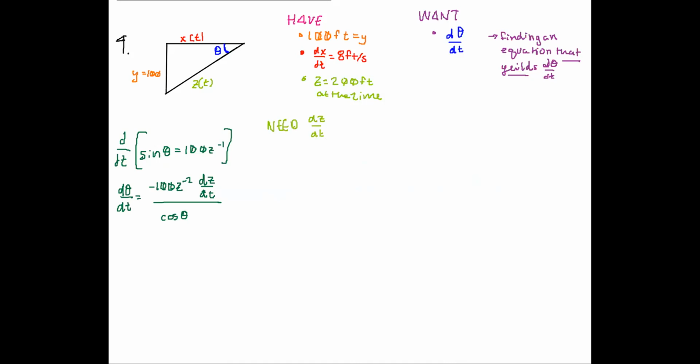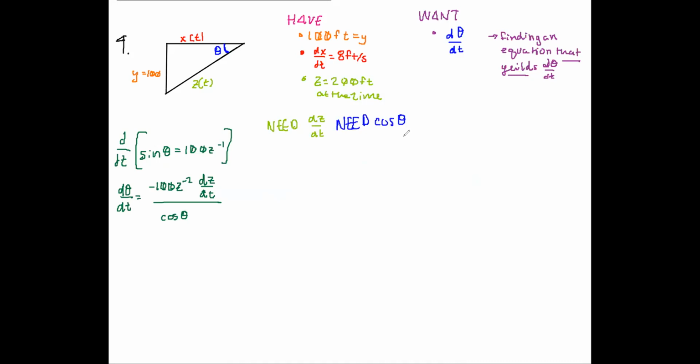First things first, let's go back to our list. What do we have that we haven't used? We don't have dz dt.